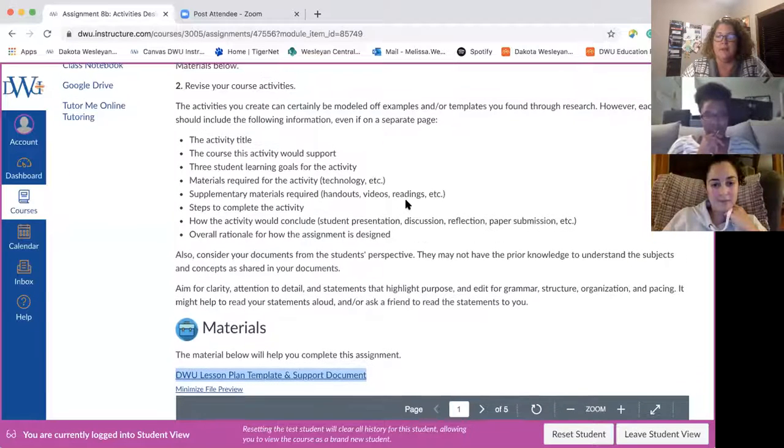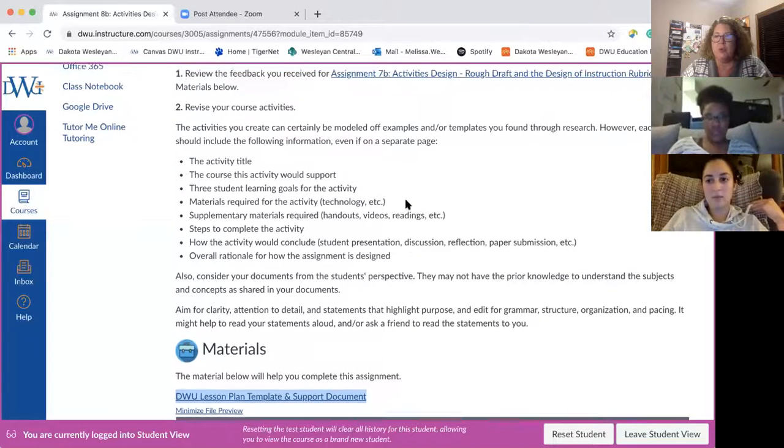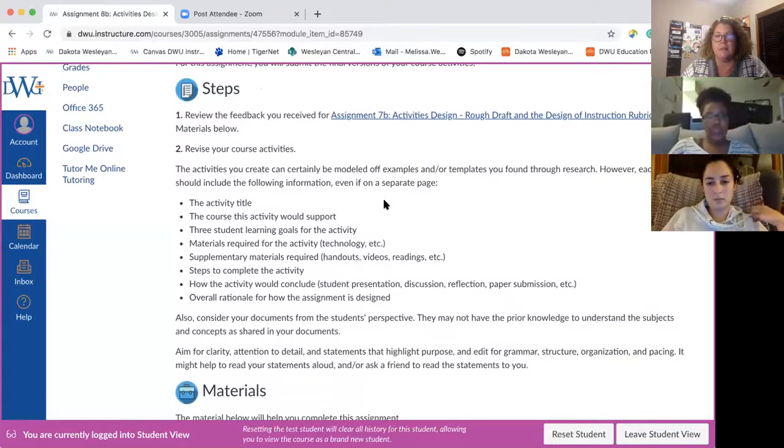All right, I'm gonna stop sharing here for a second. Let's go back to that original assignment here. Okay, so again, that lesson template is really just there for more knowledge. You don't have to use that particular lesson template.